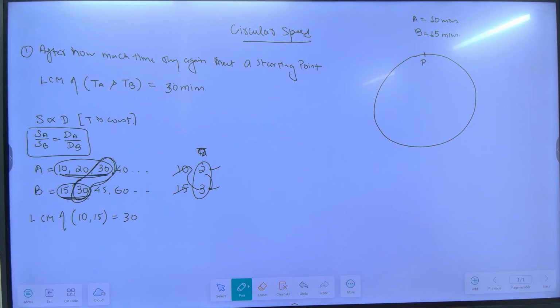When the length of track and the speeds are given, then we have 2 different cases, where a small concept of clock comes in, and next is the linear races. Linear races I did not teach last time, today I will teach.